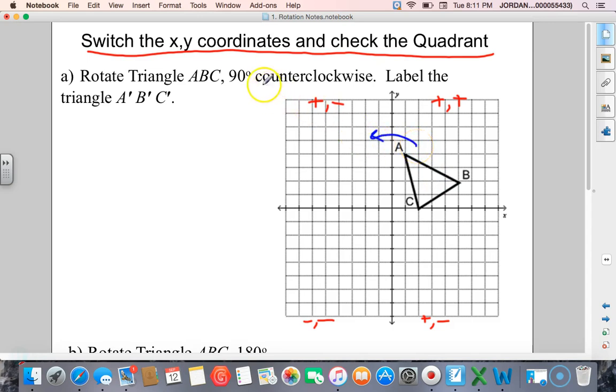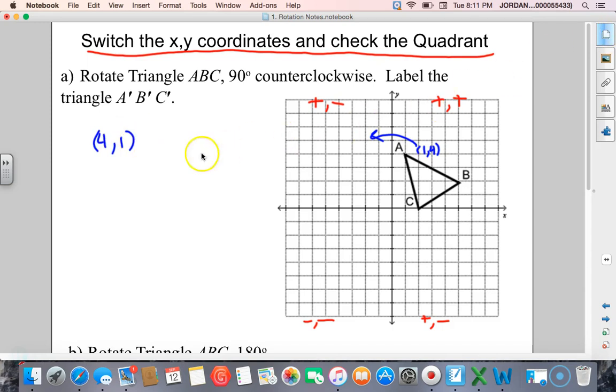Whenever I do that, you follow this rule: switch the x and y coordinates. To write A prime, A is the point 1, 4. So A prime is going to be the point 4, 1. I'm switching the numbers.